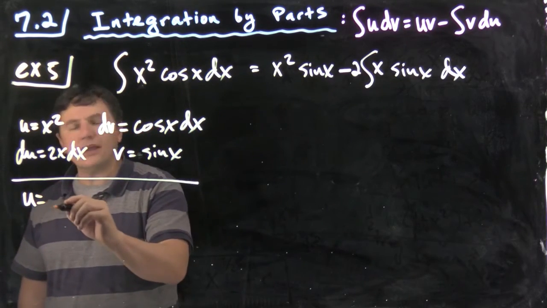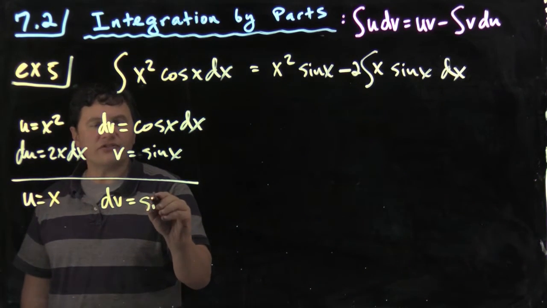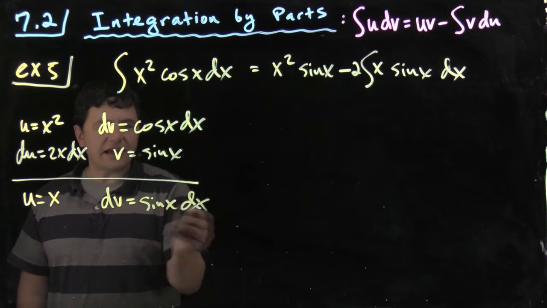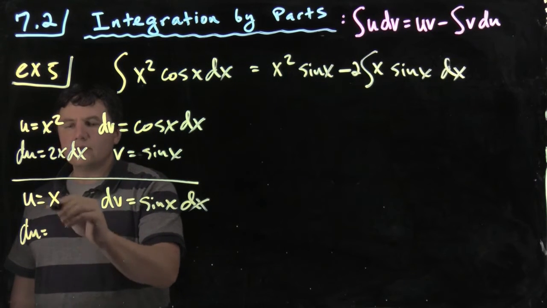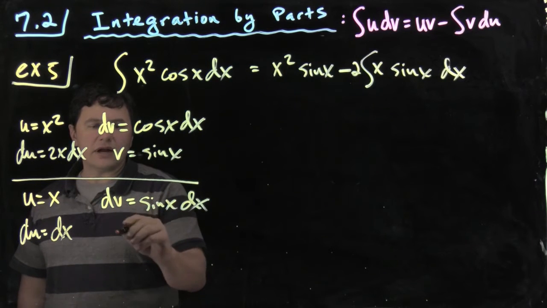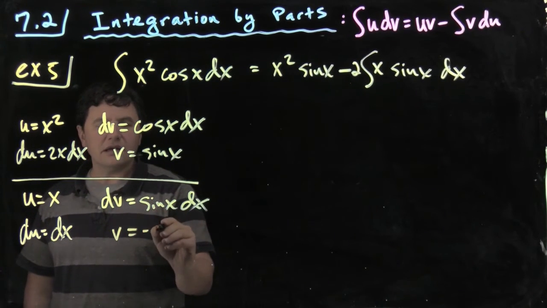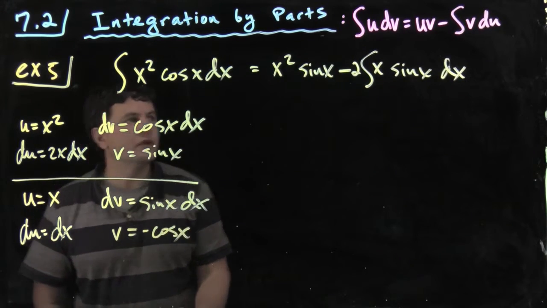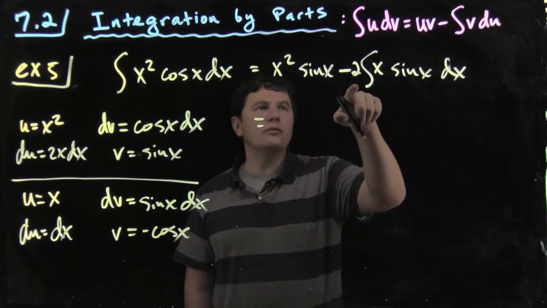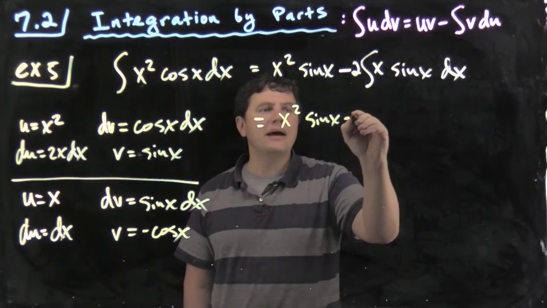So we're going to let u equal x. dv is going to be the rest of the stuff. So that's the sine x dx. The derivative of x, 1 dx. Now we're going to antiderive to get this. The antiderivative of sine is negative cosine x. And now here be careful because we have this negative 2 out front. So this will be x squared sine x minus 2.